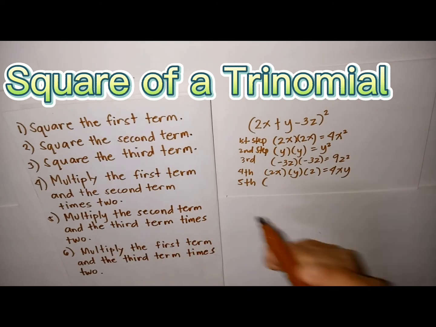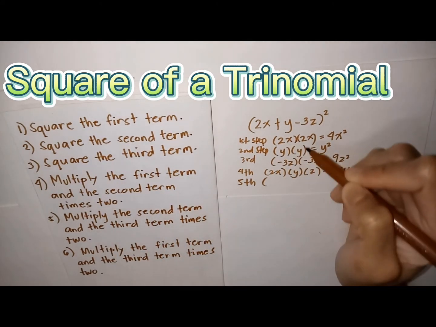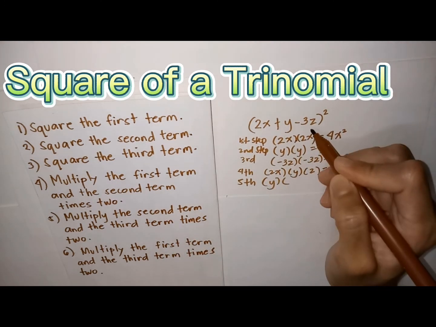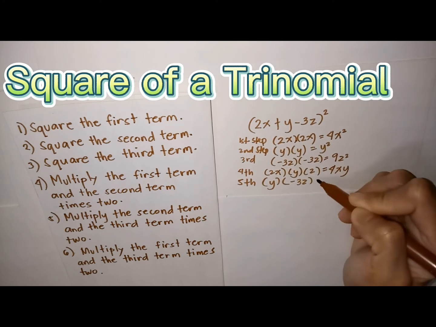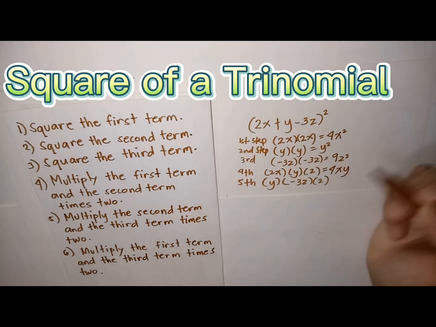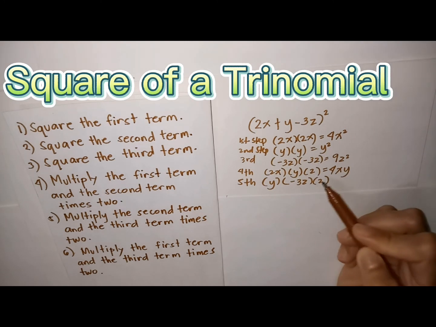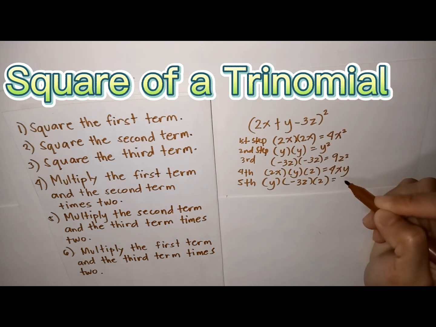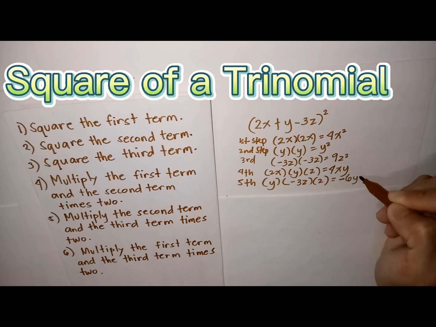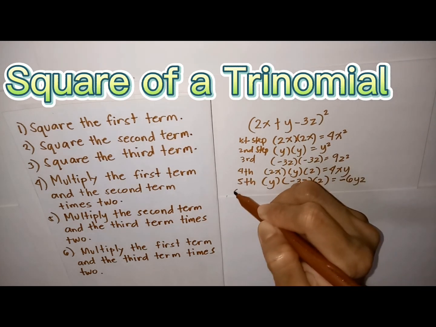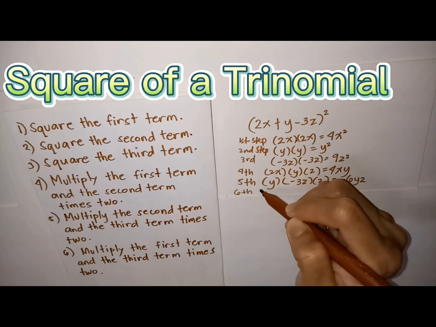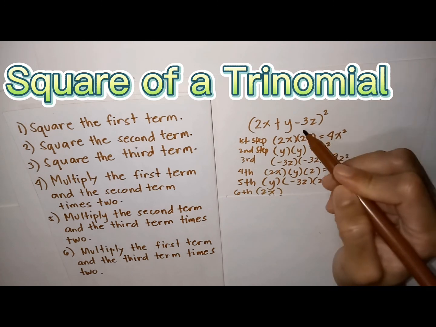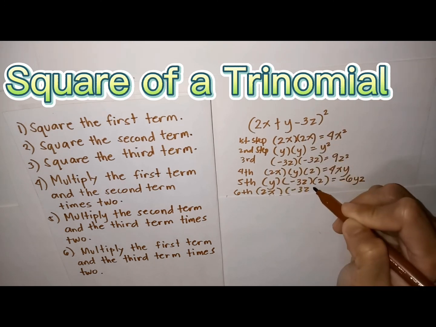For our fifth step, multiply the second term. So we have our second term y times the third term. So negative 3z times 2. So that is y times negative 3z, that is negative 3yz times 2. So we have negative 6yz. So for our last step, multiply the first term, 2x, times the third term, negative 3z, times 2.